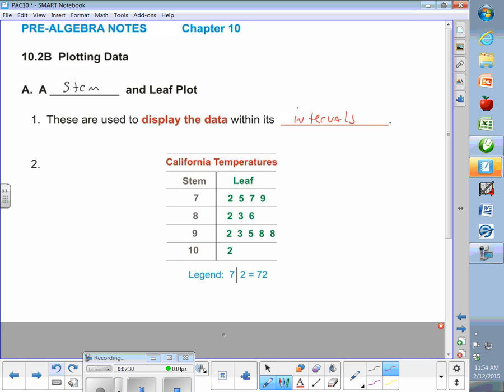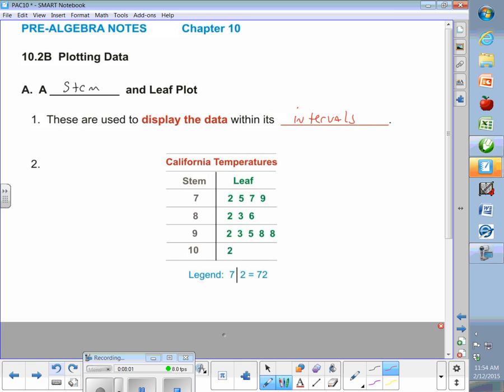So a lot of times in data, we are concerned about the intervals. For example, a popular high school grading scale is this. 60 to 69 is a D. 70 to 79 is a C. 80 to 89 is a B. And 90 to 100 is an A. That's a pretty standard grading scale, probably the most common in the States.